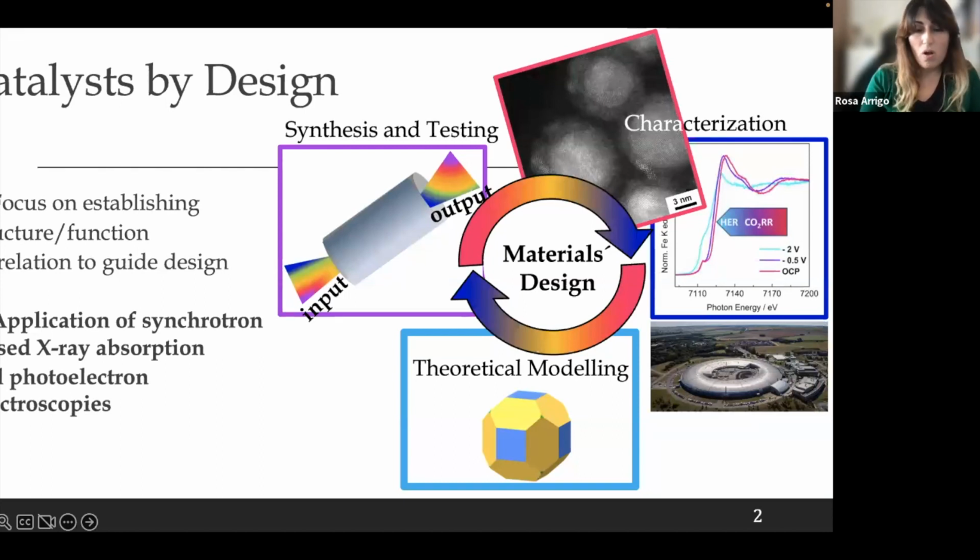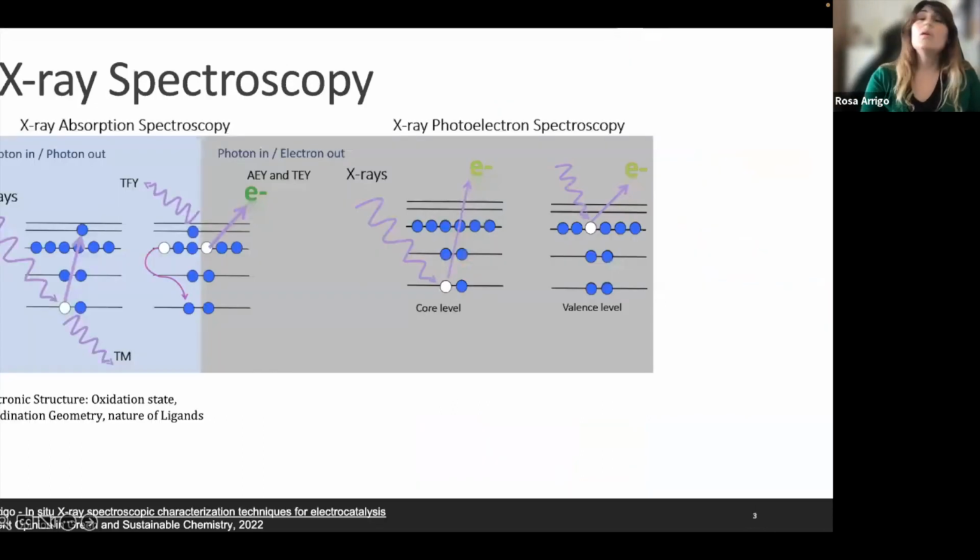This approach involves the structural characterization of operando materials, so the structure under operando conditions that the catalyst assumes. I will be showing a lot of spectra.